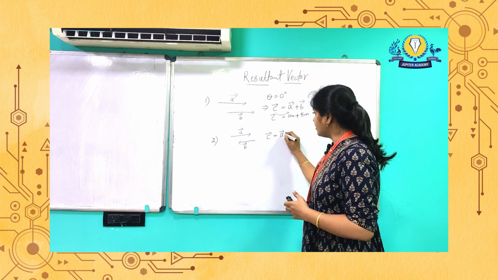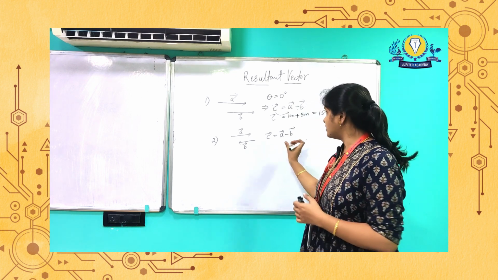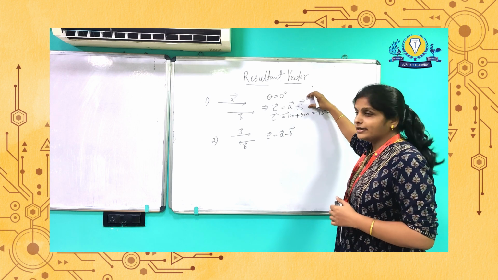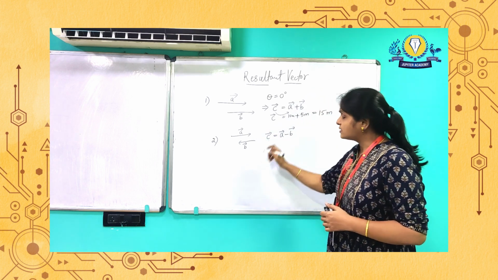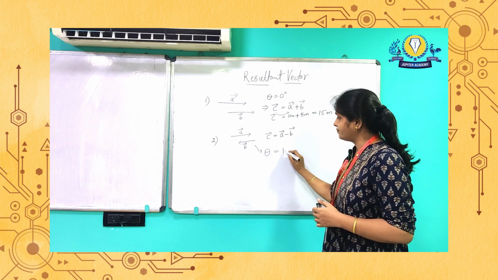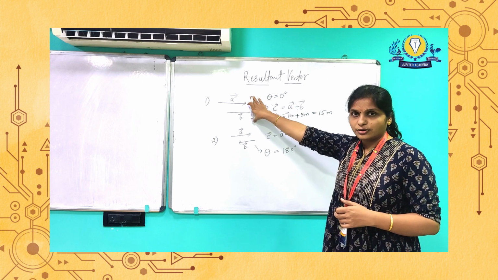From that vector we have to subtract the smaller vector. So here you will get a subtraction of two vectors. Here you will get addition of two vectors. This is the scenario when the angle between these two vectors is 180 degree. Here the angle is 0 degree.